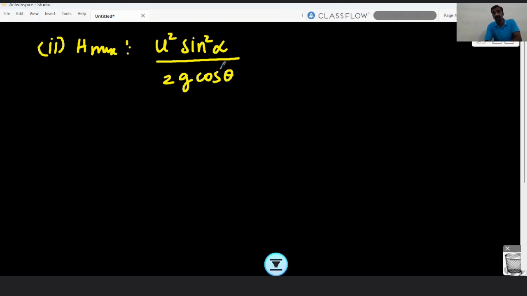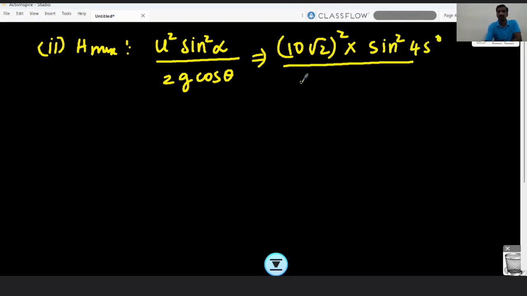Okay, so this is the formula for H maximum. So you directly substitute. u sin alpha we have found out. So (10 root 2) whole square into sin square 45 degree divided by 2 into 10 into cos 37 degree. So directly you square this.